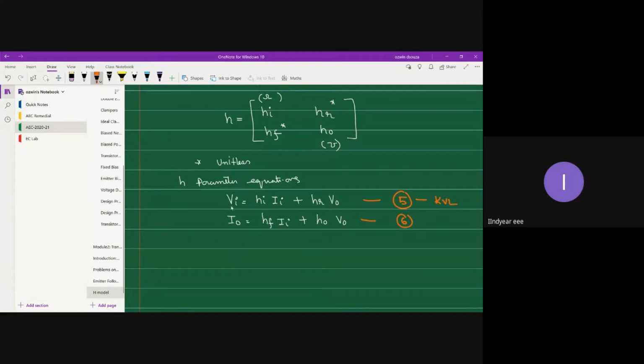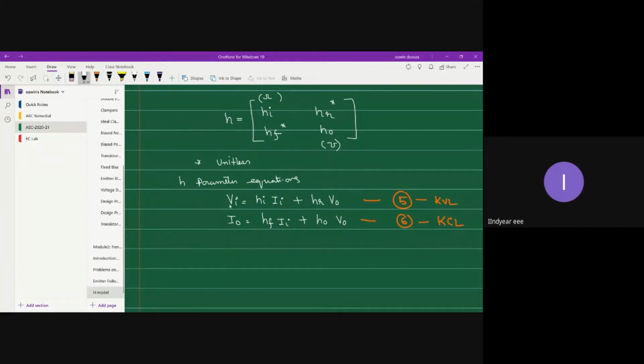On the other hand, if you look at I0, it is some HF into Ii and some HO into V0. So this is basically your KCL. So equation 5 is KVL and equation 6 is KCL. Now what you have to do is construct an equivalent circuit by making use of these two equations. Let's see how exactly we do it.